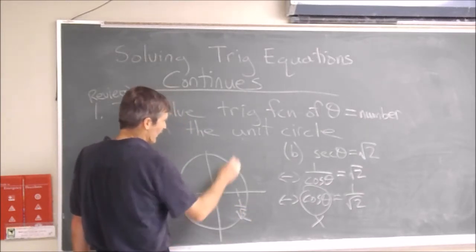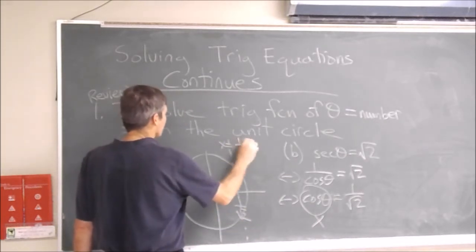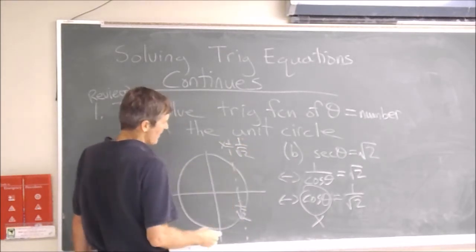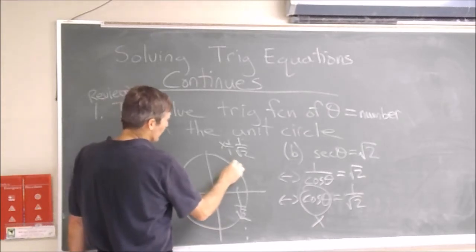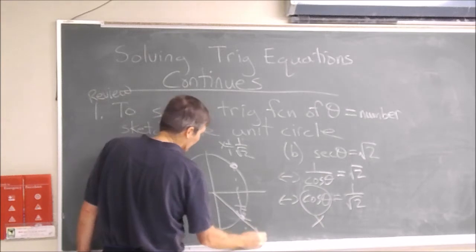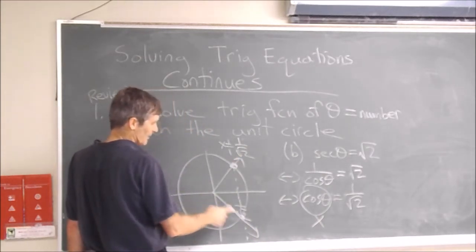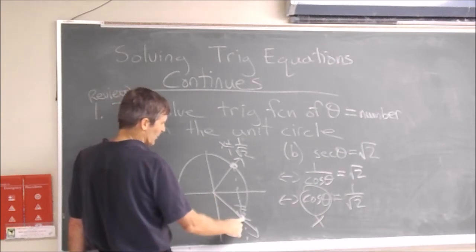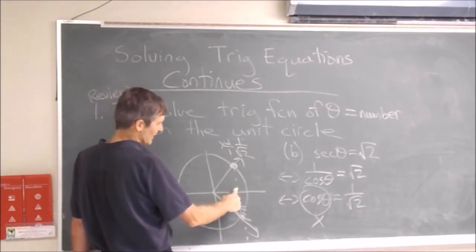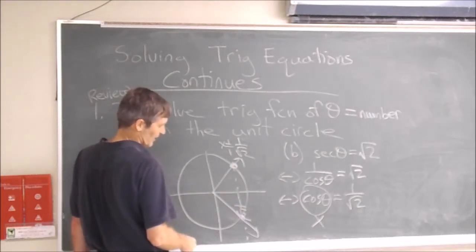And if I'm going to get that x-coordinate, here's the line of all x-coordinates, x equals 1 over square root 2, is a vertical line. There's exactly 2 places where this intersects the unit circle, hence exactly 2 terminal rays that can make the cosine equals 1 over square root 2, right? To get cosine 1 over square root 2, you take a terminal ray, drop a perpendicular, and it has to land at 1 over square root 2, so these are the only 2 terminal rays.